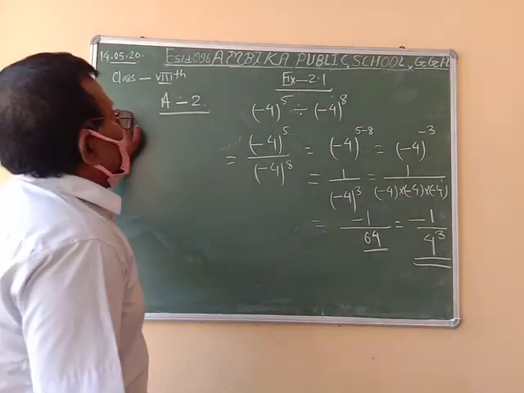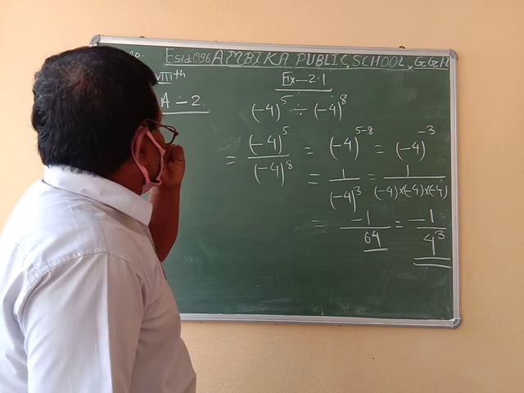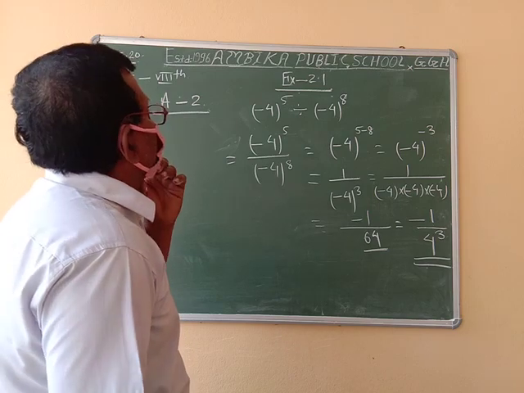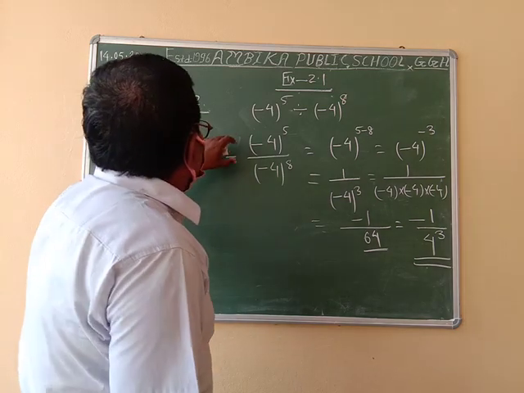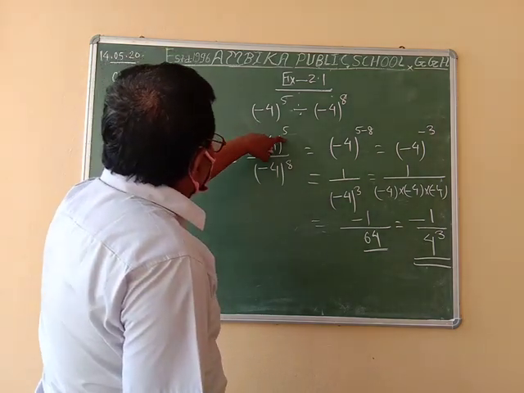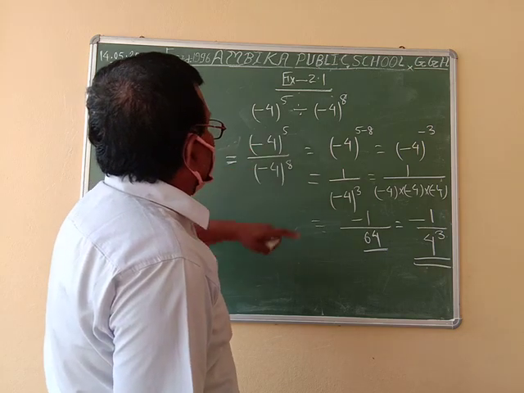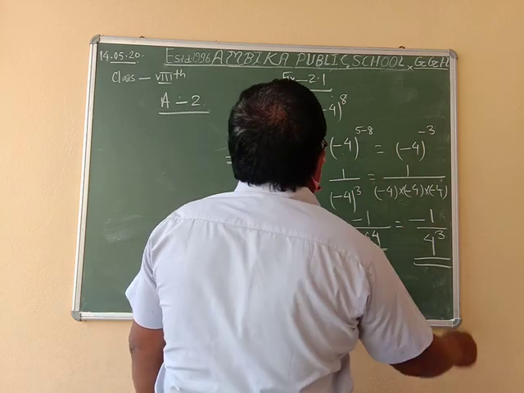Here we have to divide minus 4 to the power 5 by minus 4 to the power 8. We write it in division form: minus 4 to the power 5 by minus 4 to the power 8 is equal to minus 4 to the power 5 minus 8.